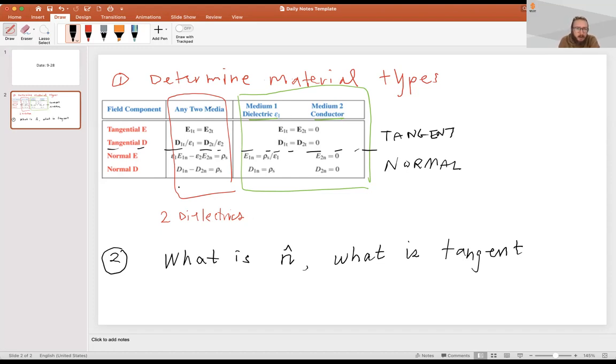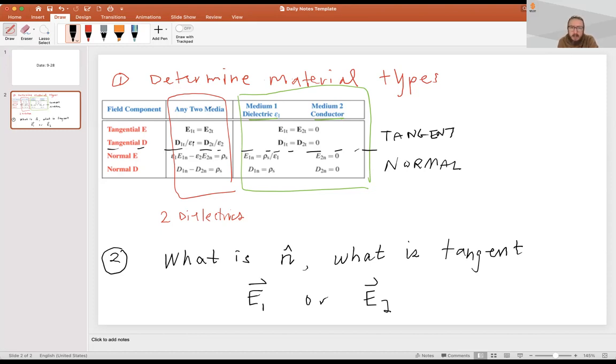Because in all these cases, you'll either know something about E1 or about E2. The boundary condition, this type of problem, is just a way of translating your knowledge about one field into knowledge about a second field. If you have knowledge about field 1, the boundary condition helps you translate that into knowledge about field 2.